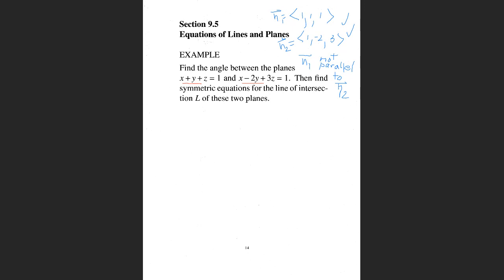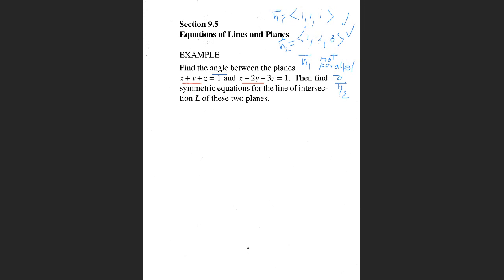Because we're asked to find the angle between two planes, if the two planes were parallel, then the angle would be 0 degrees. Actually, hold on. If the two planes were parallel, they would not intersect.